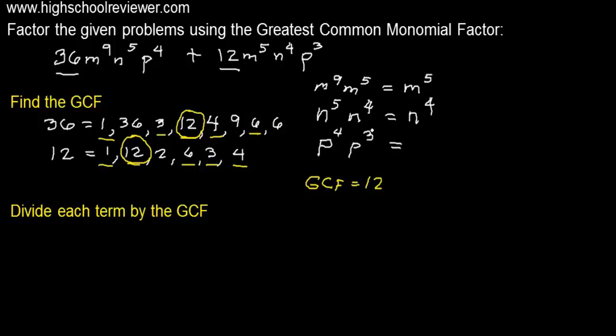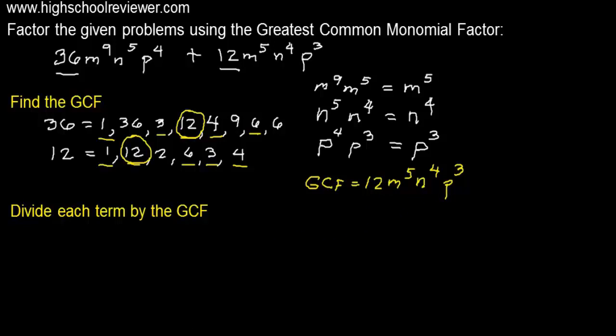Our greatest common factor here would be the one with the lowest exponent, and that is p^3. Okay, so we can continue now our GCF here. This will now be 12, and then we have m^5, n^4, and p^3. So our GCF here is 12 m^5 n^4 p^3.